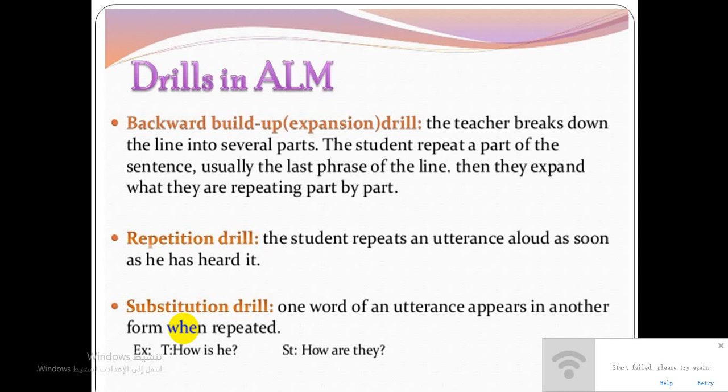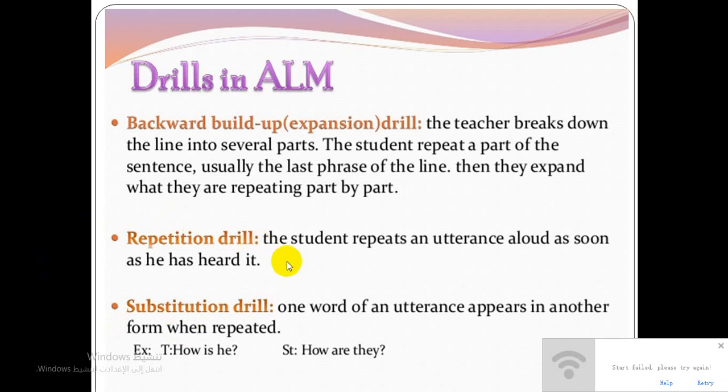The students expand what they are repeating part by part until they are able to repeat the entire line. The teacher begins with the part at the end of the sentence and works backward to keep the intonation of the lines as natural as possible. This also directs more student attention to the end of the sentence, where new information typically occurs.